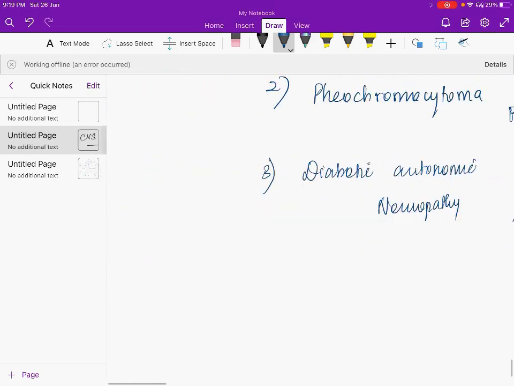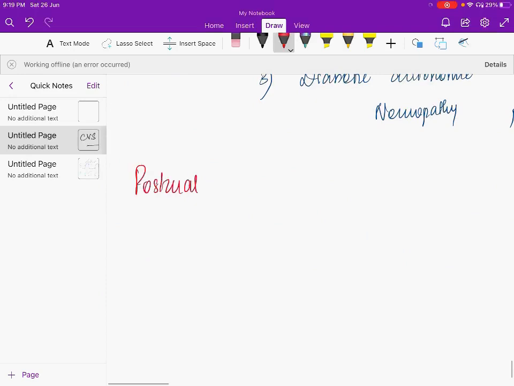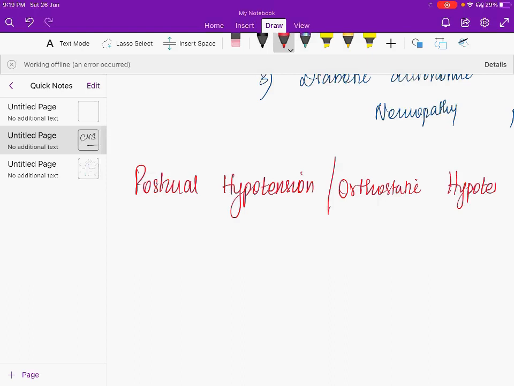So next, postural hypotension, or orthostatic hypotension. As the name tells, what is happening here? With a change in posture, your BP is coming down.